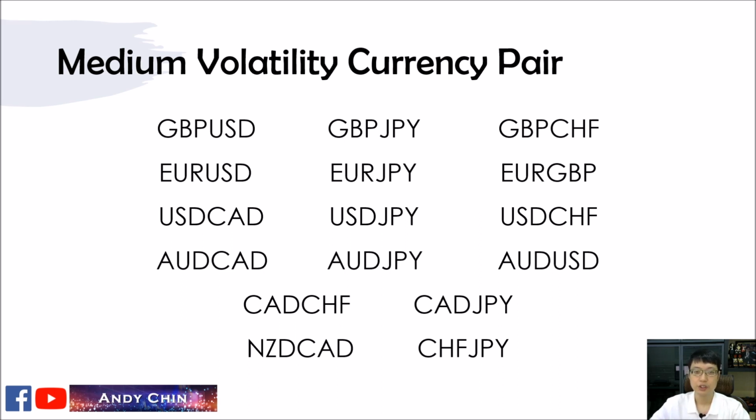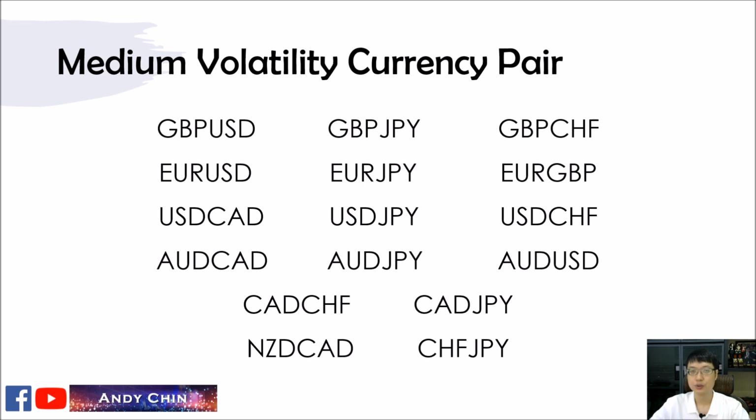And we have USD CAD, USD Japanese yen, and even USD against the Swiss franc. So these three pairs are also roughly low to medium volatility. And the other few pairs, we have Australian dollar against the Canadian dollar, Japanese yen, and even the US dollar.